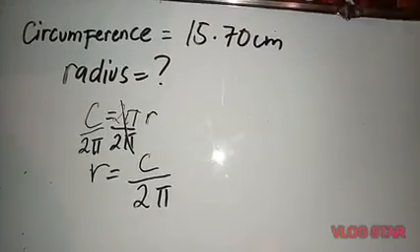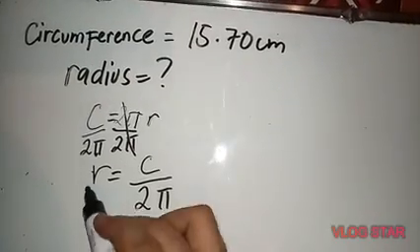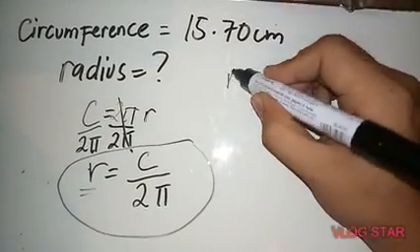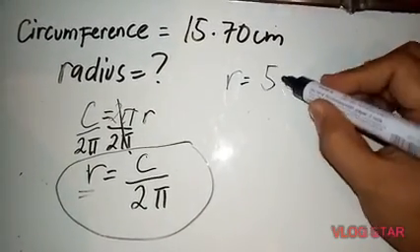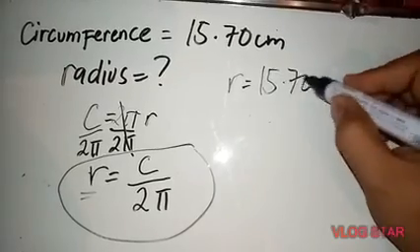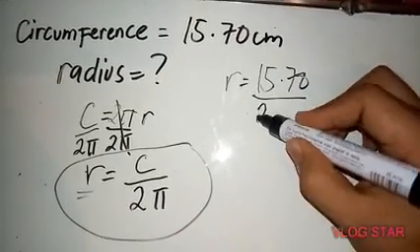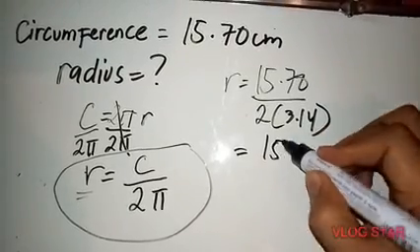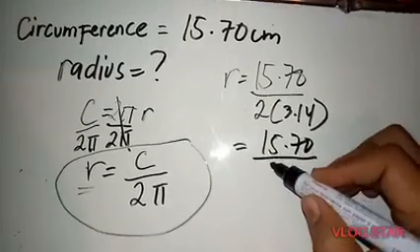Now we're ready to get the value of the radius using this formula. So r is equal to 15.70 divided by 2 times 3.14, that is 15.70 divided by 6.28.